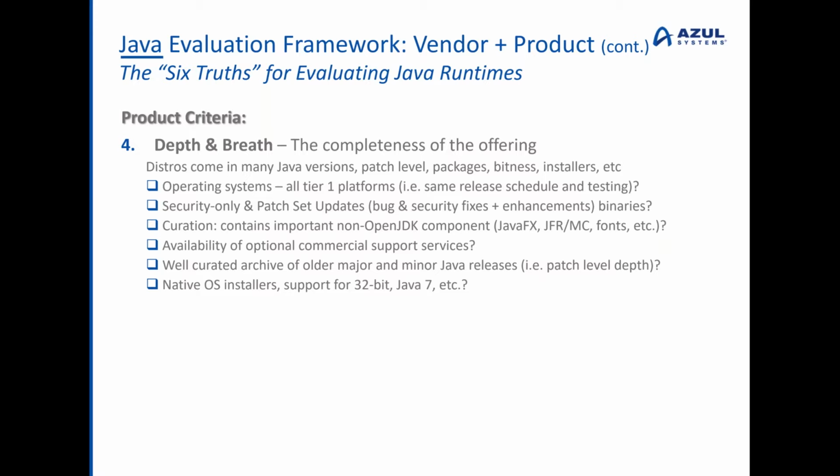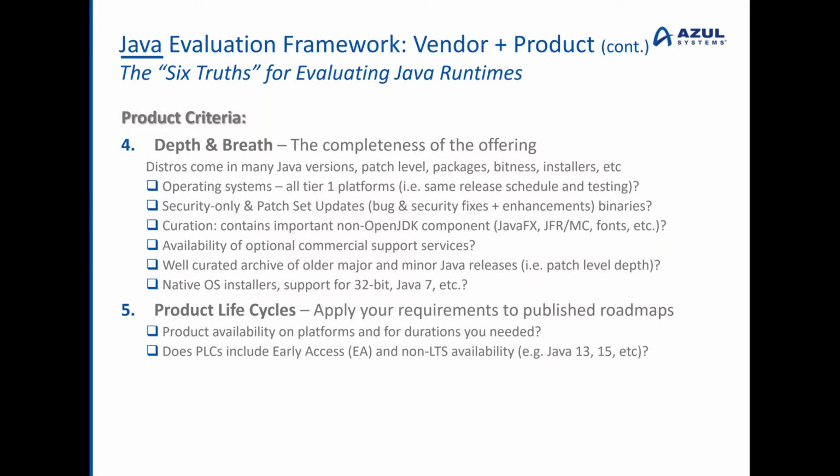And then there are also subtleties around versions of Java that are still relevant in the enterprise today. We still see many of our enterprise customers running on Java 7, yet there are only 2 vendors left that are supporting Java 7 today. So again, when you start to look at the depth and breadth and the requirements of products, look carefully at what the vendors are offering.